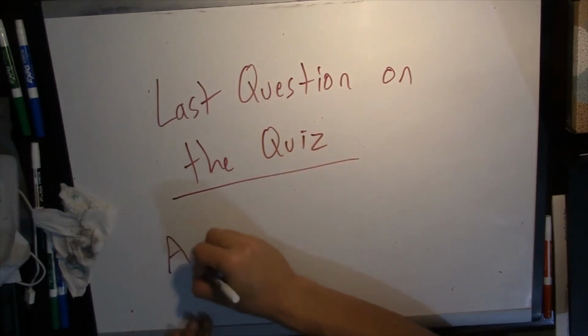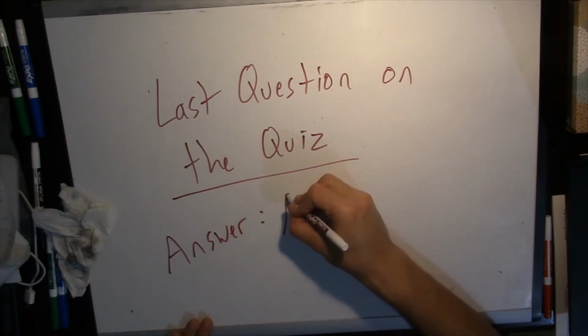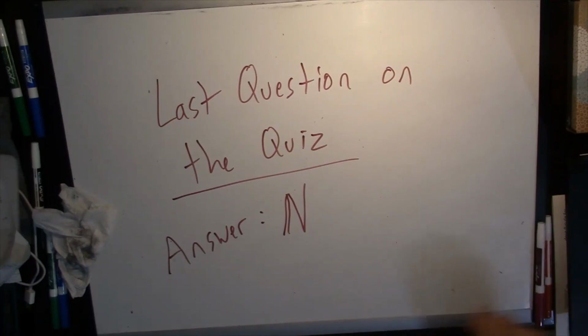The answer is N. It looks like a capital N with a kind of fancy letter, but the answer is N. You don't even need to know what the question's asking. You don't need to know what it means, but the answer is N.